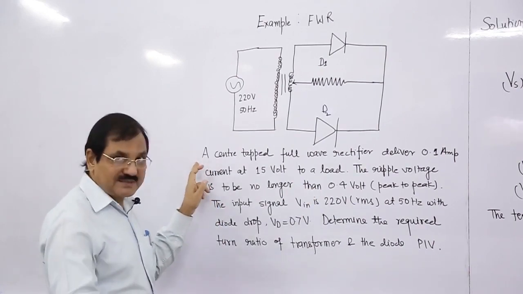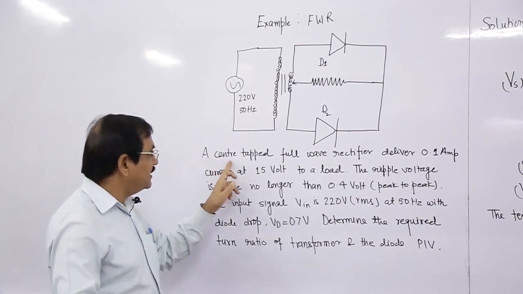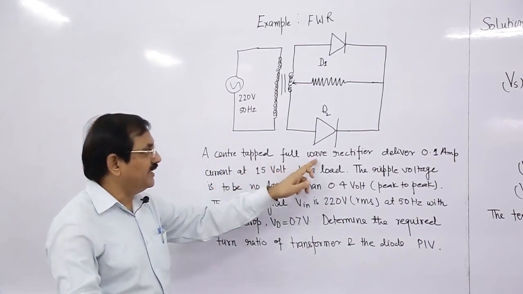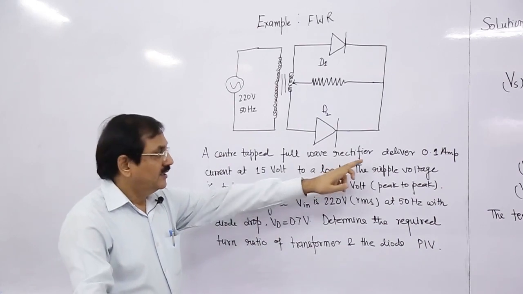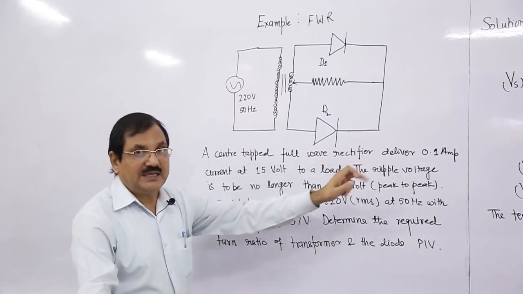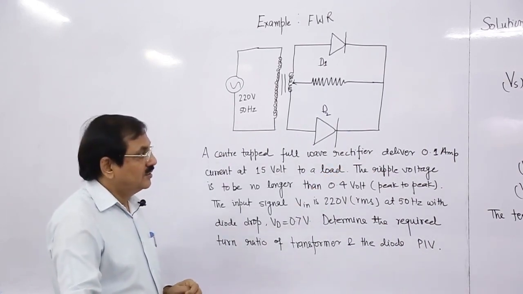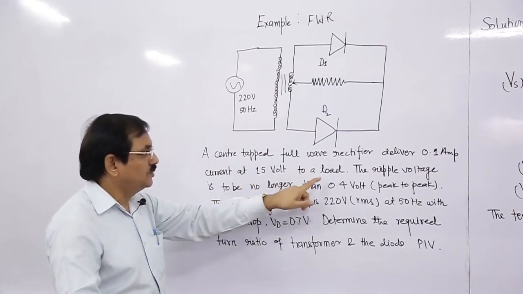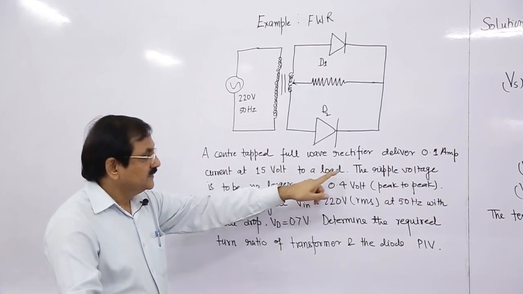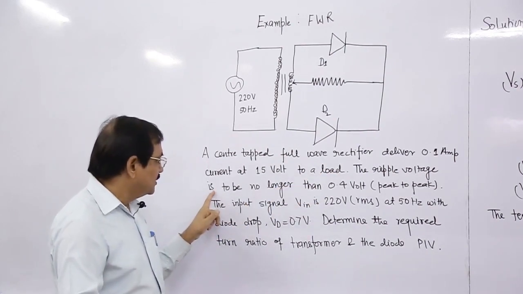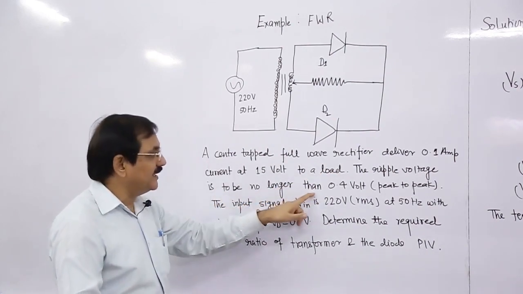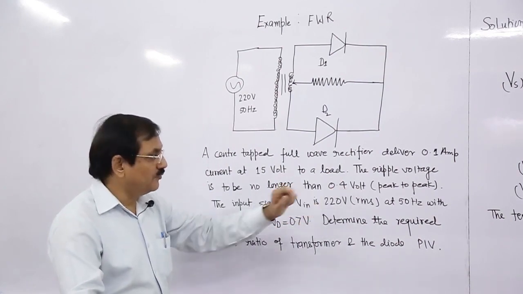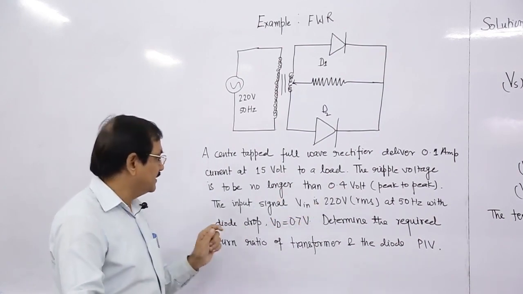So, the problem is something like this: a center tapped full wave rectifier delivers 0.1 ampere current at 15 volt to the load. The ripple voltage is to be no larger than 0.4 volt peak to peak.